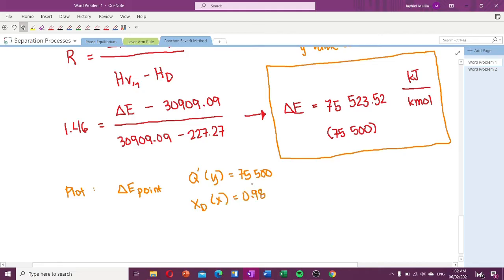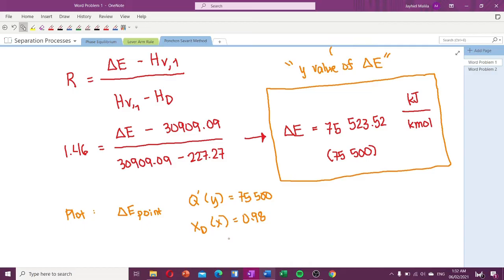Of course, the X value is similar to the distillate because it should be found on the distillate vertical line.